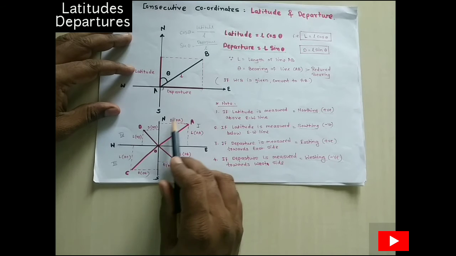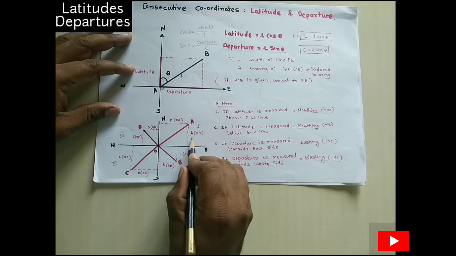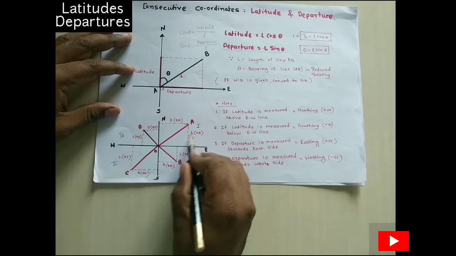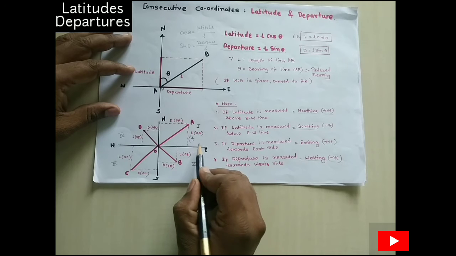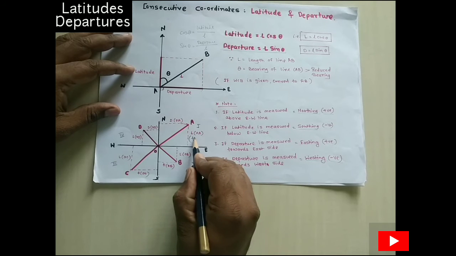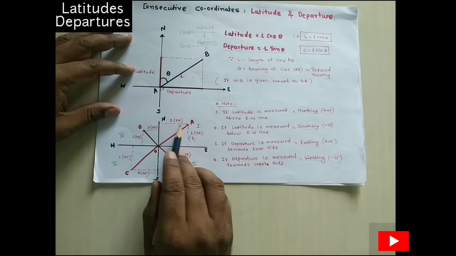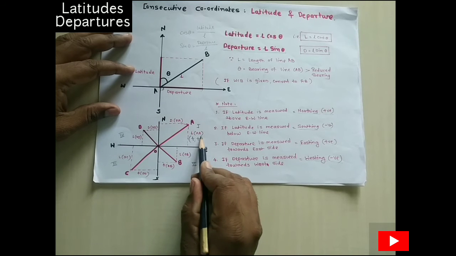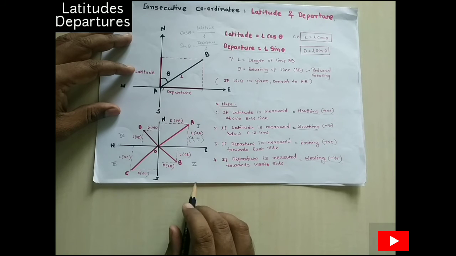In the first quadrant, latitude is positive, and departure is also positive.